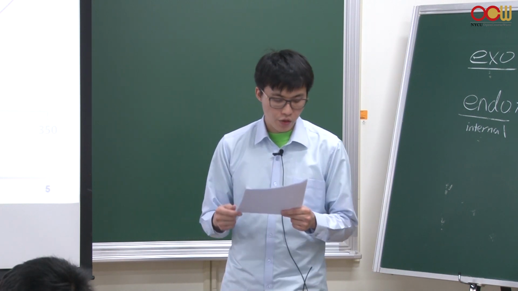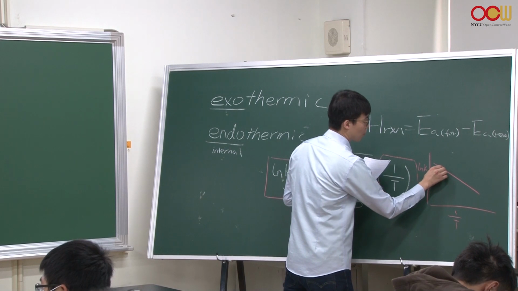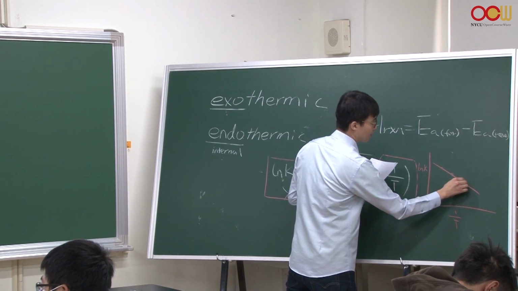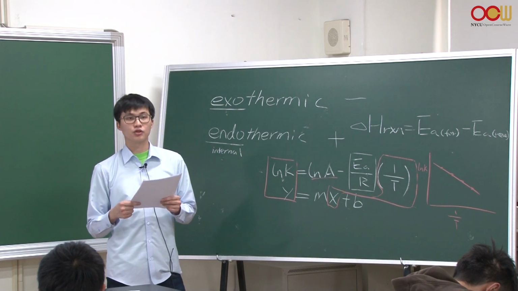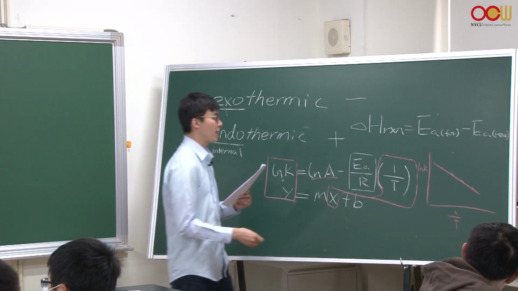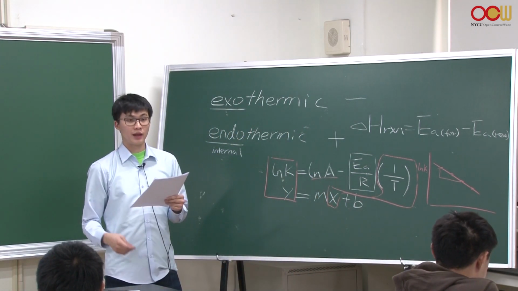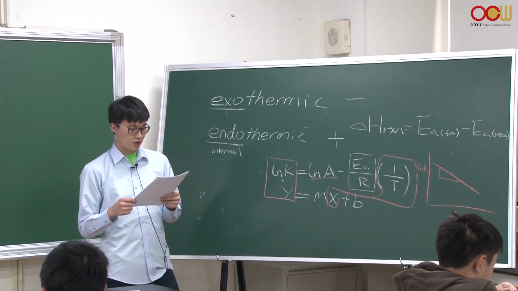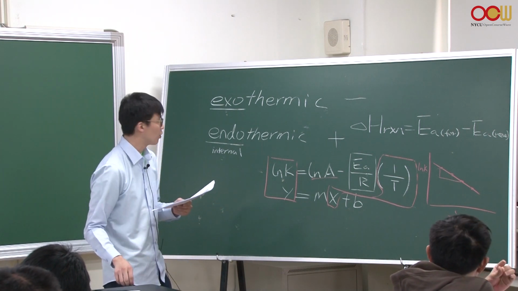Another way to look at this is that when you draw a trend line, you're going to have a lot of points on it, right? And since activation energy is a constant, you can pick any two of these points and determine the slope, and that will also give you the activation energy. So that leads to a very important equation.